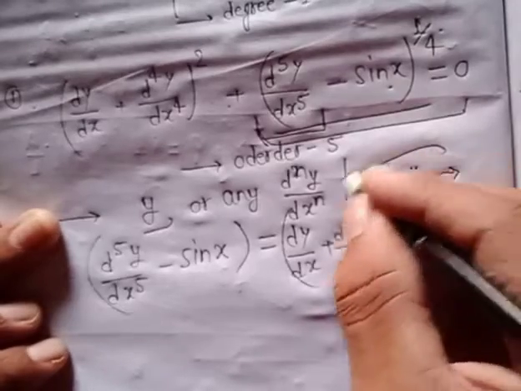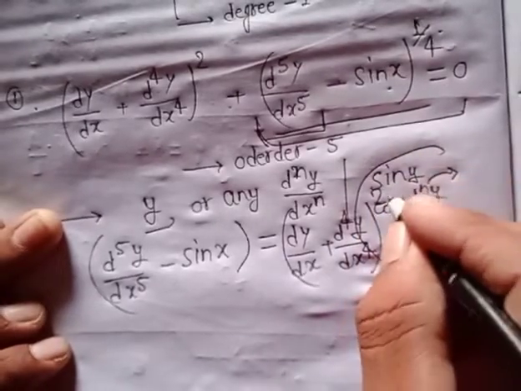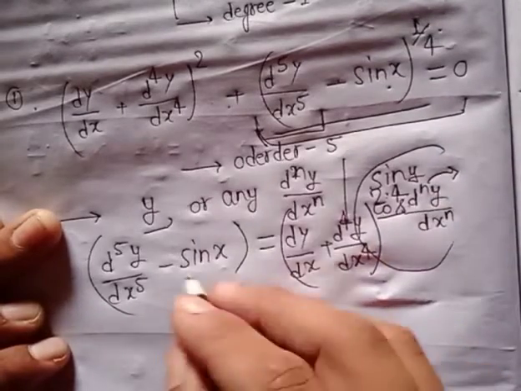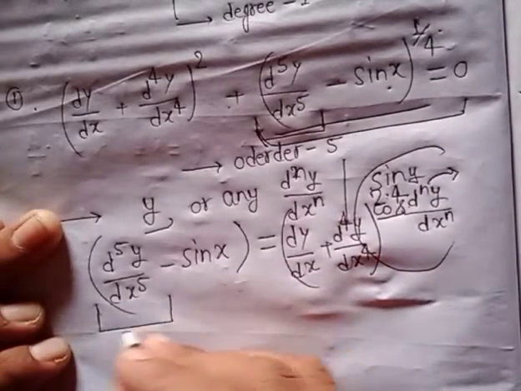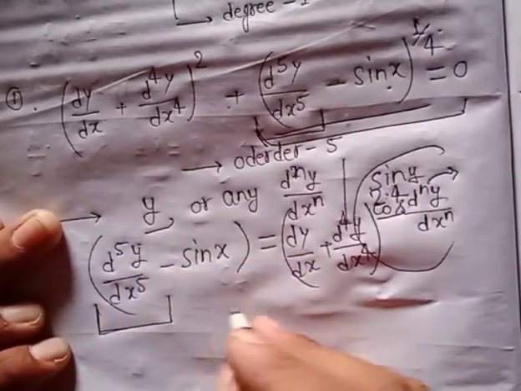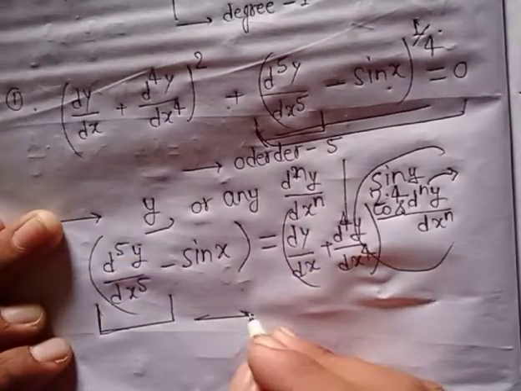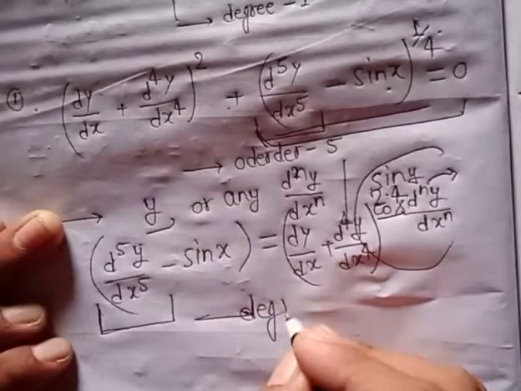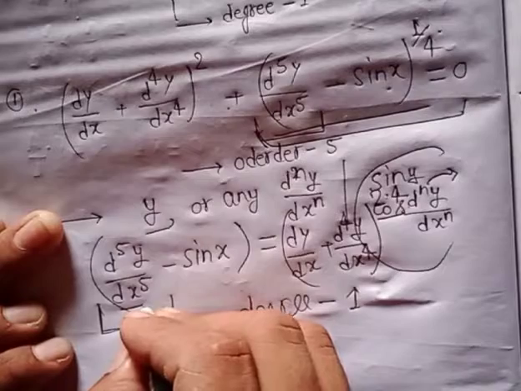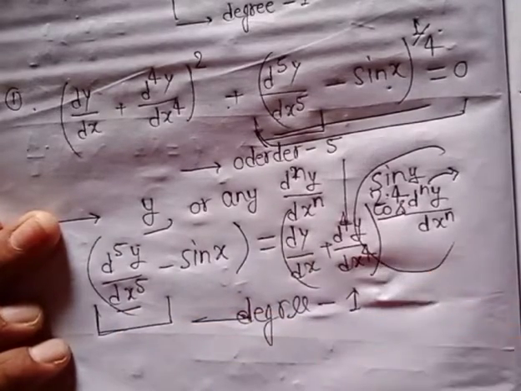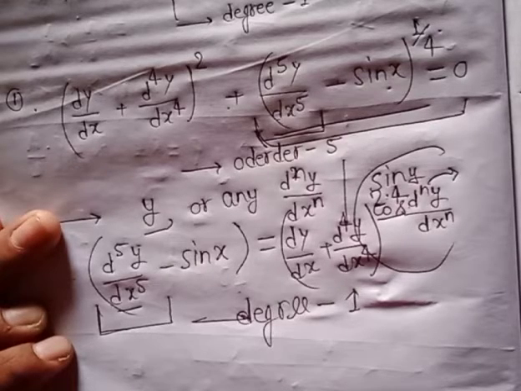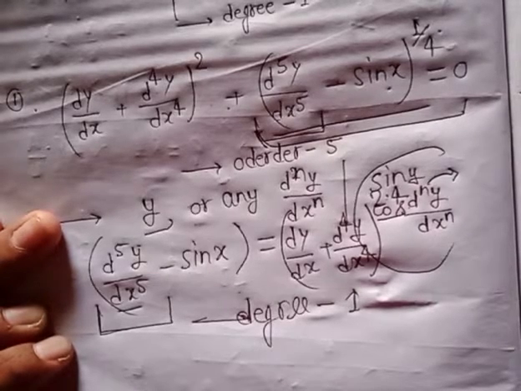So the highest order derivative is this, and its power is now 1. So the degree of this differential equation is 1 and the order is 5. And clearly this is not a linear differential equation, so it is non-linear.